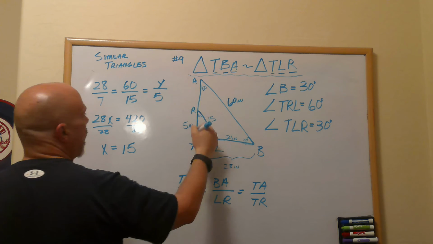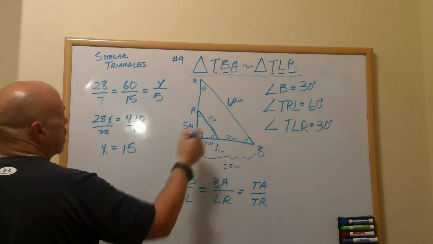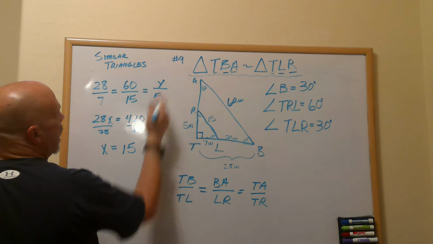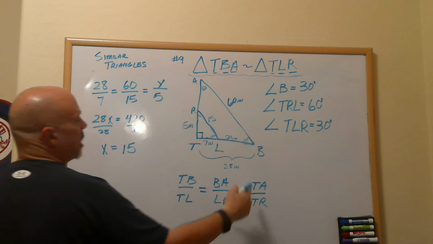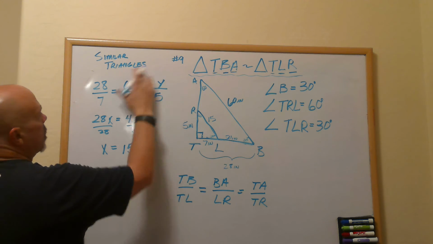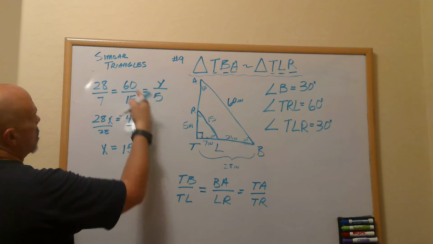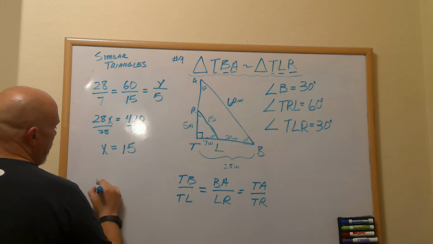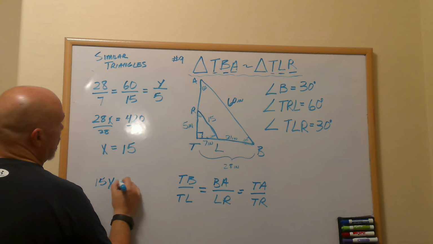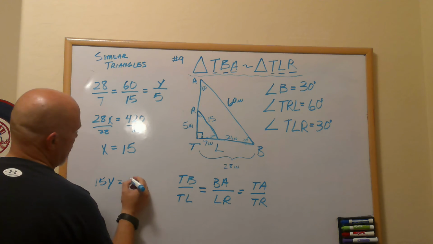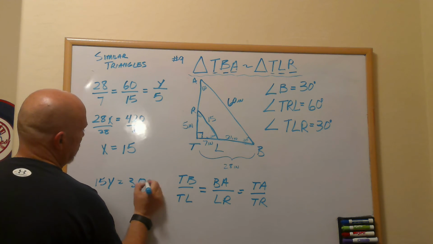Finally, I need to find out what the entire length of AT is. And now I could use this side. AT is the same as TA, as I see here. So now I could use this side to solve for what I don't know. Again, cross multiply, I get 15y is equal to 60 times 5, which is 300.